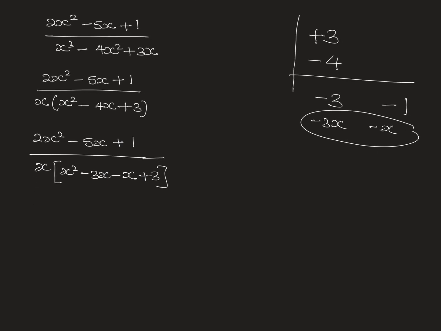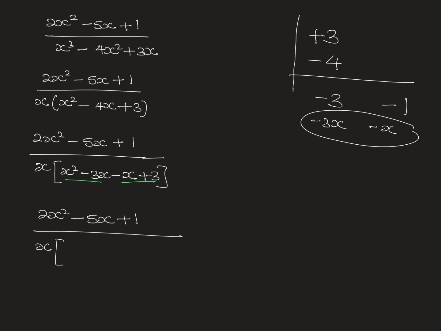Okay, so this is going to be 2x squared minus 5x plus 1 all over x into, we can try to factorize this out. To factorize, we can compare this with this and this with this.